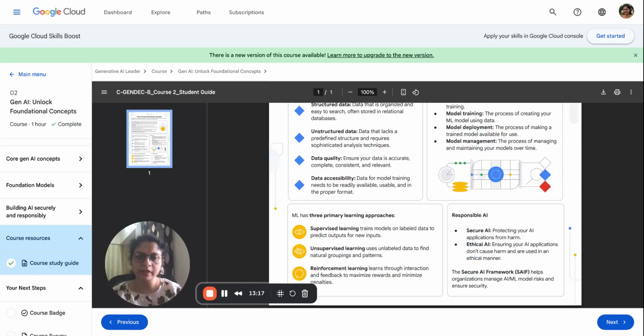In reinforcement learning, it learns from interactions and feedback. Expect a question from reinforcement learning for sure. They will ask you, if some interactions happen and I'm getting feedback, what kind of learning is it? So it's reinforcement learning. It learns from interactions, penalties and feedback.